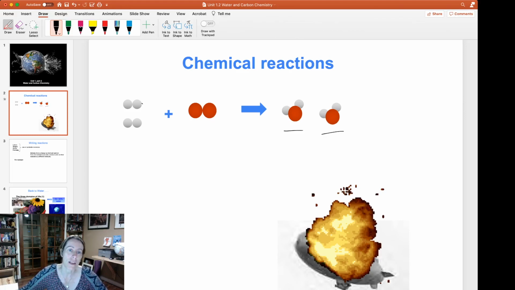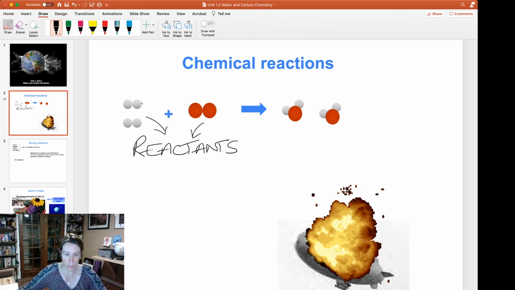And in a chemical reaction, the stuff that you start with is called the reactants. All right, both of these are reactants. This is a reactant and this is a reactant. The thing that takes part in the reaction.